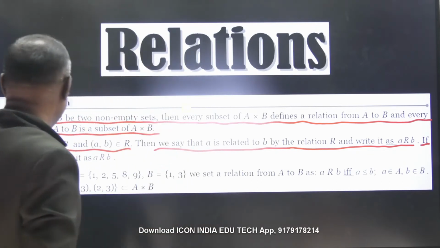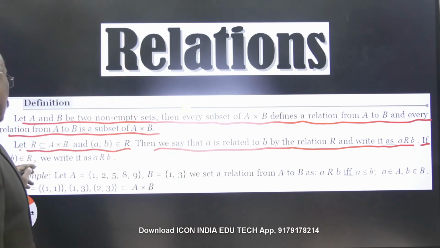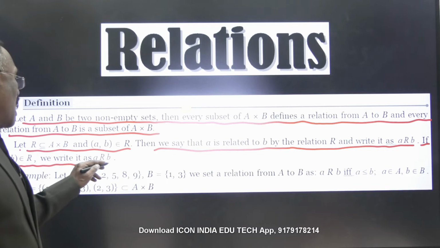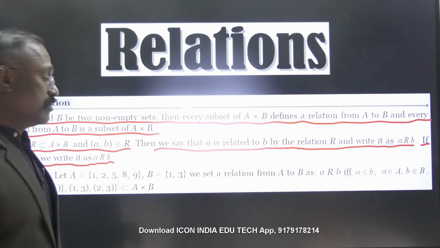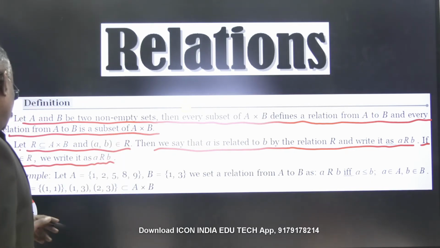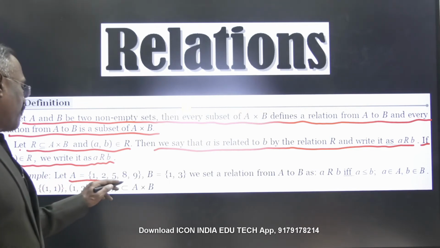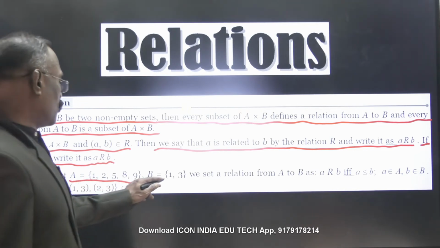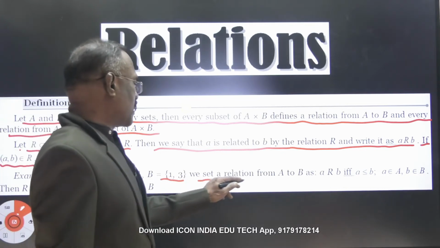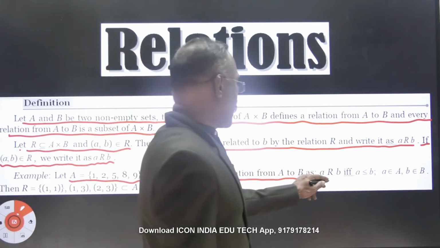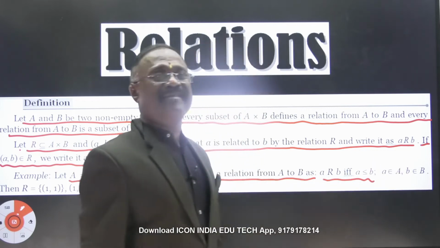If (a, b) belongs to capital R, we write it as aRb, a related to b. So, let us take the example. A is equal to {1, 2, 3, 5, 8, 9} and B is equal to {1, 3}. We set a relation from A to B as aRb if and only if a is less than or equal to b.